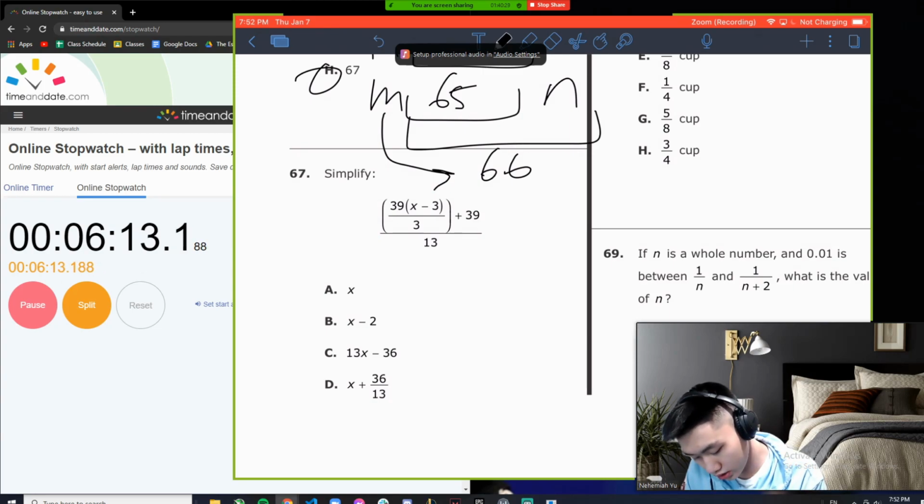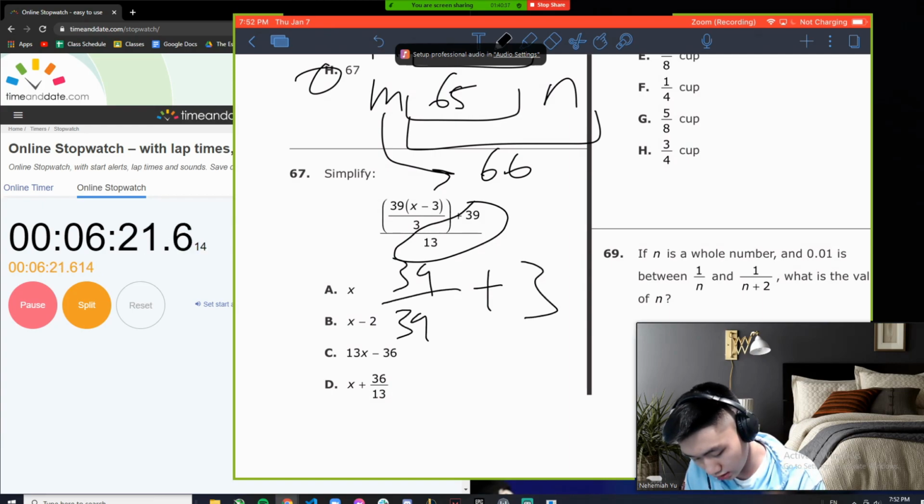The trick here is you can divide this out, so plus 3, and then divide that 39 over 39 times x minus 3. So it's just x minus 3 plus 3, which is x.